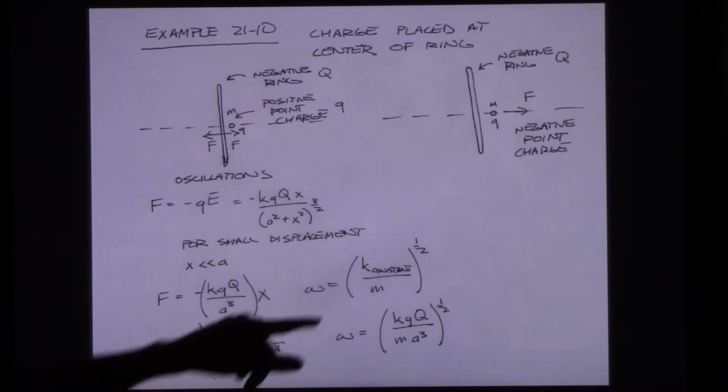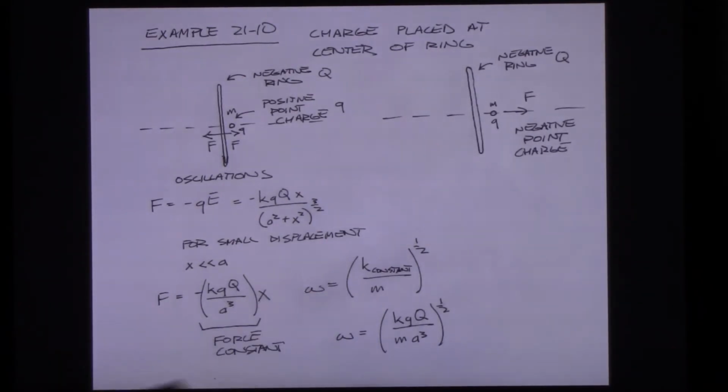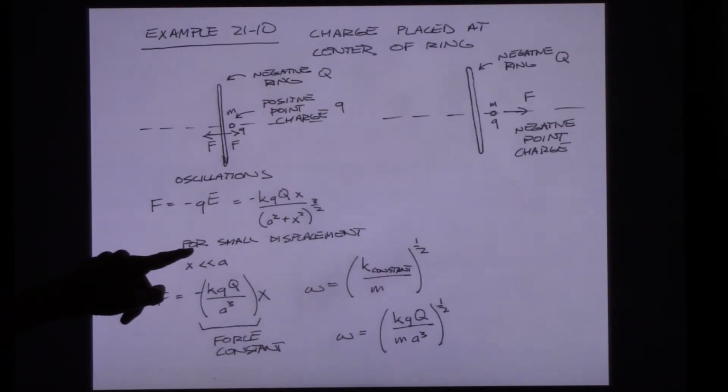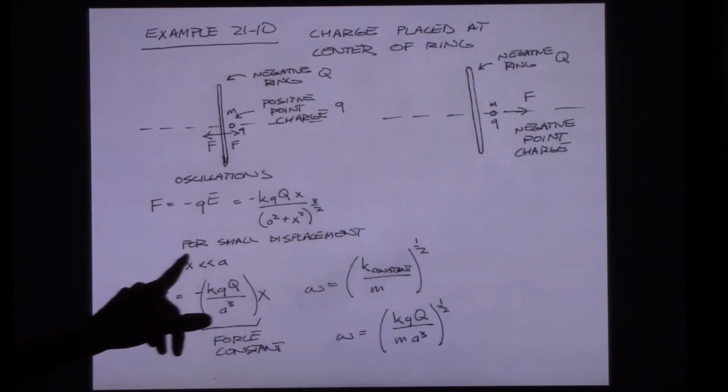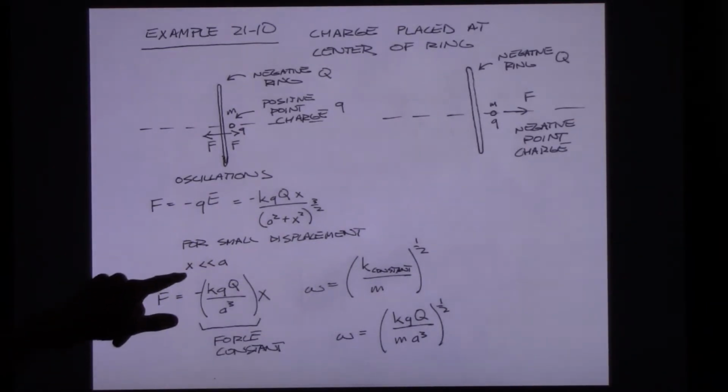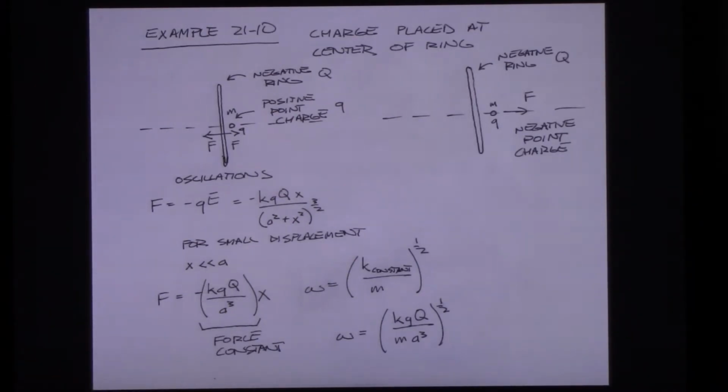That mass is going to go in right here. To get simple harmonic motion, we can keep the displacements small. In general, it won't be simple harmonic motion; the oscillatory motion could be a more complicated function. But let's just solve for small displacements, and small displacements would say that x is much, much less than a.